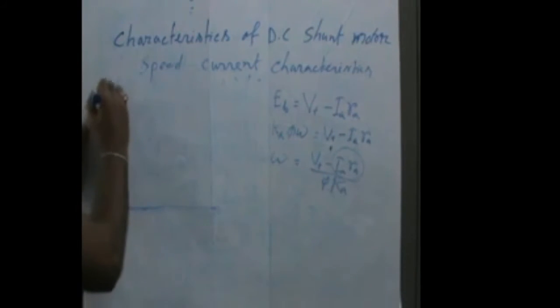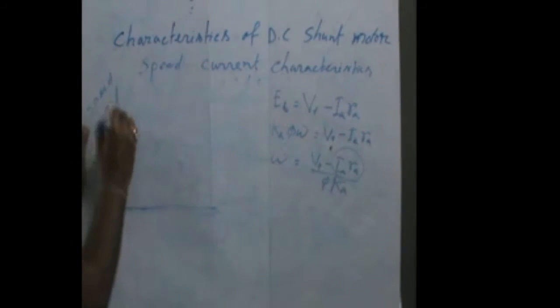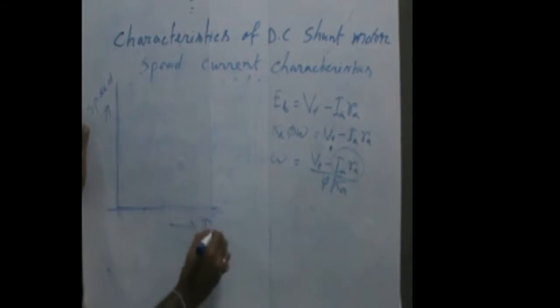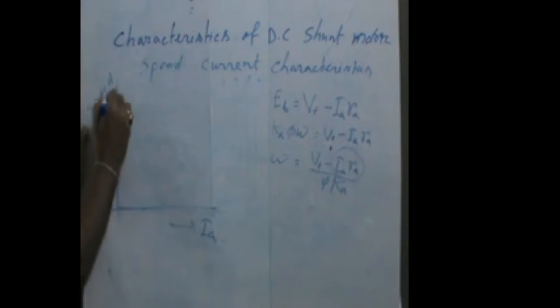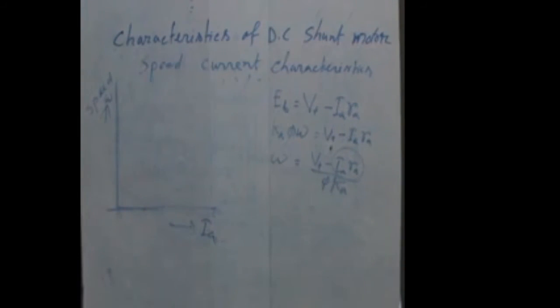This is speed, and this is armature current Ia. Now say we are increasing Ia, that means our omega is decreasing with the increment of Ia.